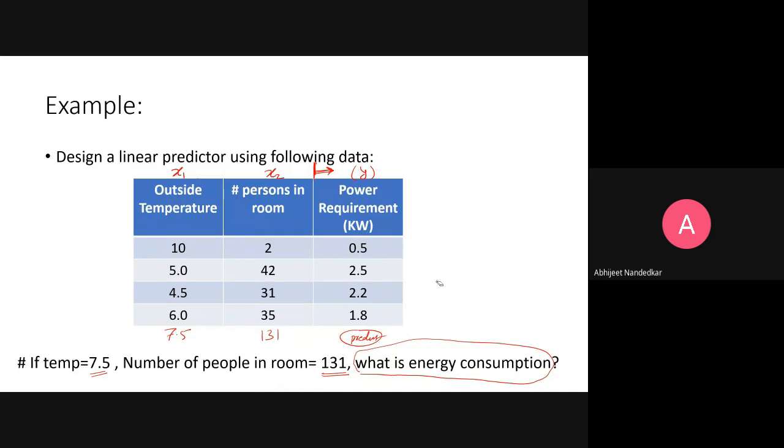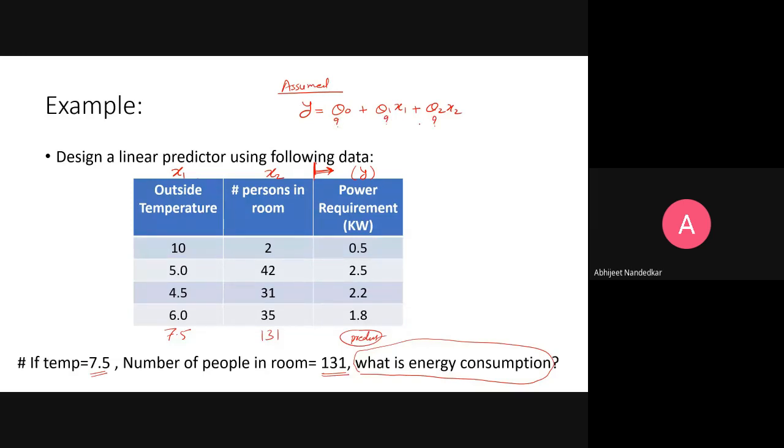So what we do is we take the help of these four samples and try to fit some model. Here my model assumption is y is equal to theta 0 plus theta 1 x1 plus theta 2 x2. This is my assumption. Now the question is, what are the values of theta 0, theta 1 and theta 2?